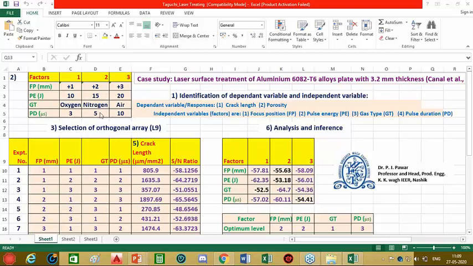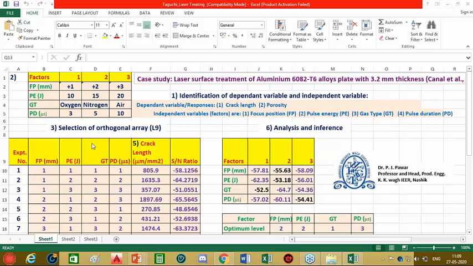As we know, in the Taguchi method, the performance is evaluated based on the average SN ratio and not based on actual values of responses. Therefore, here we need to find out the SN ratios. SN ratio is the signal to noise ratio. The signal means controllable factors, which produce the desired effect, while noise are the uncontrollable factors, which produce undesired effect.